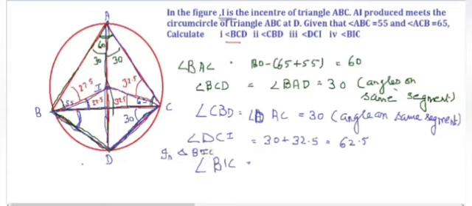One is 27.5 and this is 32.5. So angle BIC will be 180 minus (27.5 plus 32.5). Adding this, we get 60, so 180 minus 60 is equal to 120. So angle BIC will be 120.